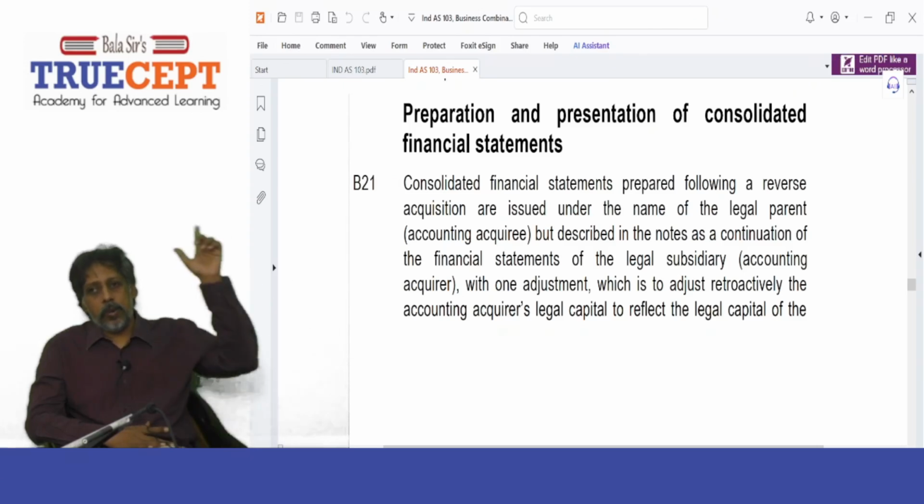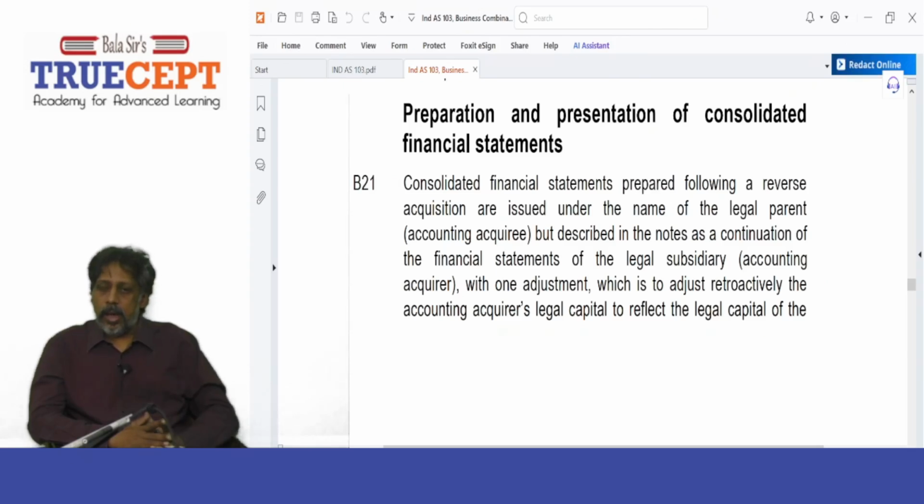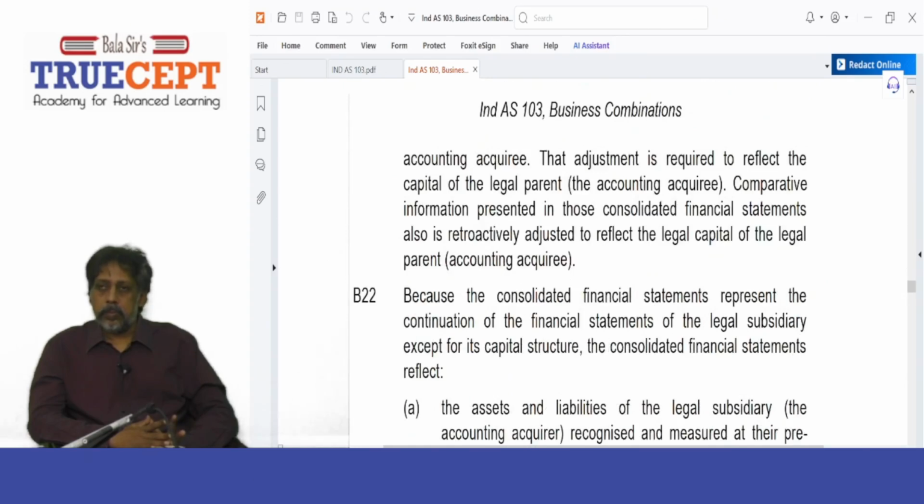In the notes you write as if B acquired A and B is going to continue with the business, right? Which is the accounting acquirer. With one adjustment, which is to adjust retroactively the accounting acquirer's legal capital to reflect the legal capital of the accounting acquiree. Is that fine? Next.